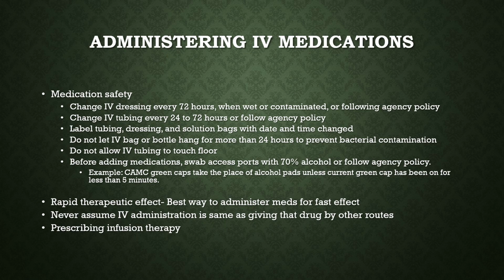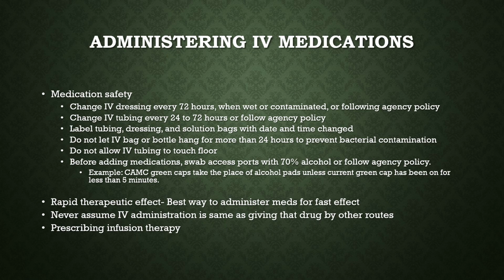Here's also something to remember. If you give something IV, you're going to give far less milligrams or milliunits or whatever the medication is. You're going to give far less of it IV than if you give it PO because of the bioavailability. Again, let's go back to morphine.